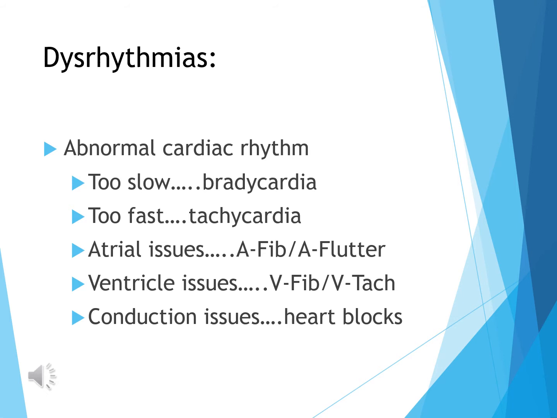Dysrhythmias are abnormal cardiac rhythms, which can be too slow of a heartbeat, bradycardia, too fast of a heartbeat, tachycardia, atrial issues, the ones in particular that we identified this week, atrial fib or atrial flutter, ventricular issues, which would be VFib or VTach, and conduction issues like our heart blocks.